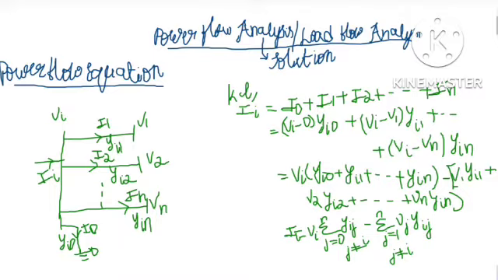I1 is Vi minus V1 into Yi1. Similarly, I2 is Vi minus V2 into Yi2, and so on. In can be written as Vi minus Vn into Yin.